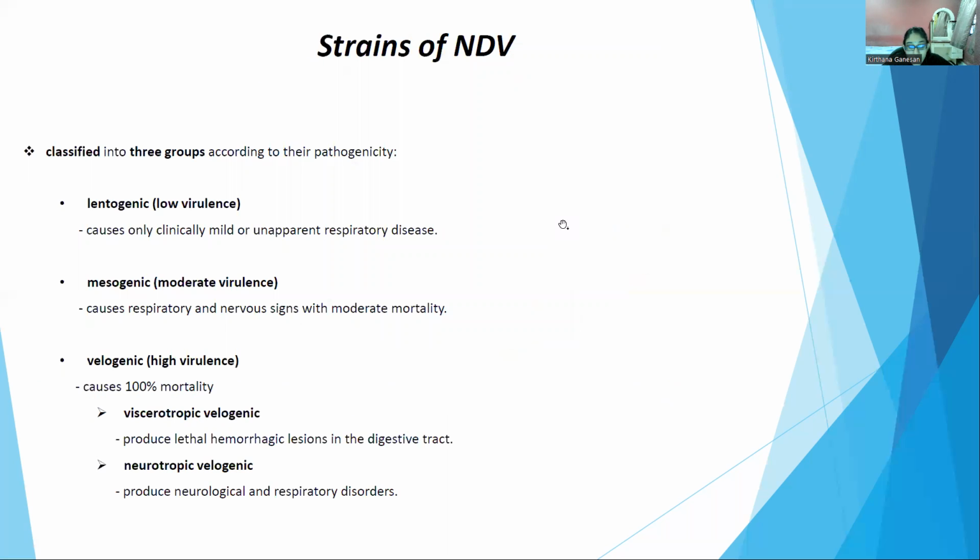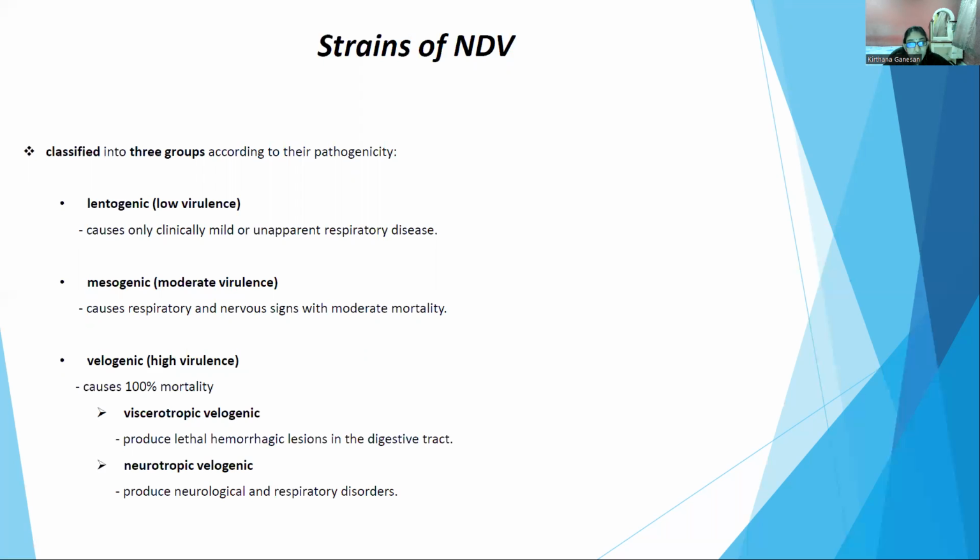Strains of Newcastle disease virus are basically classified into 3 groups according to their pathogenicity. The first group is the lentogenic group, which has low virulence that causes only clinically mild or unapparent respiratory disease. The second group is the mesogenic group, which is of moderate virulence, and it causes respiratory and nervous signs with moderate mortality.